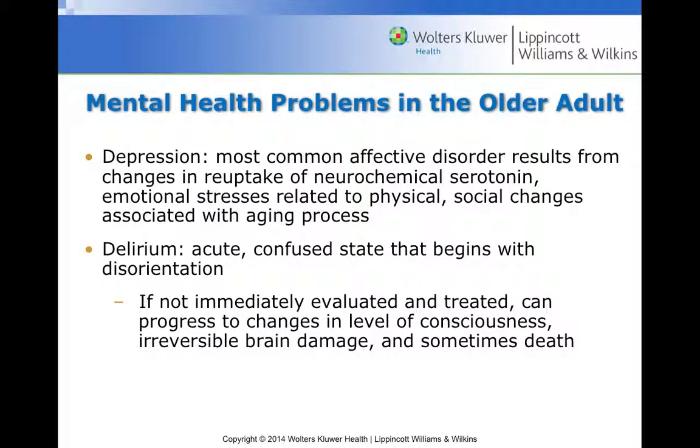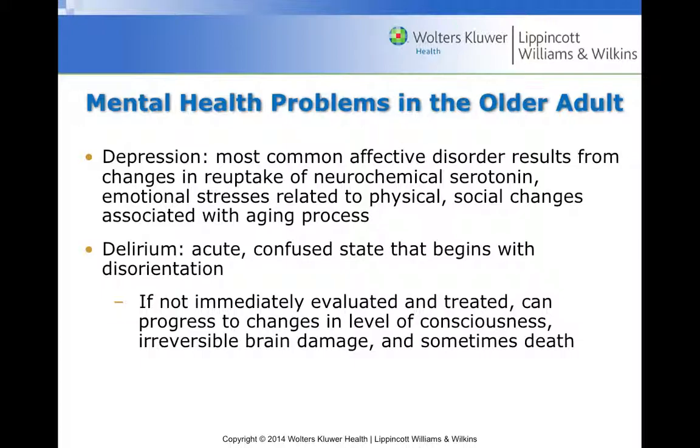Also, looking at altered pharmacokinetics, alterations in absorption, metabolism, distribution, and excretion occur as a result of normal aging and may result in drug and food interactions. Note that non-adherence with medication regimens can also lead to significant morbidity and mortality when it comes to the older adult. So now we can look at those mental health problems in the older adult.